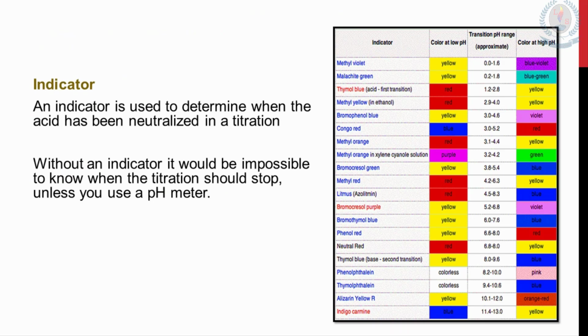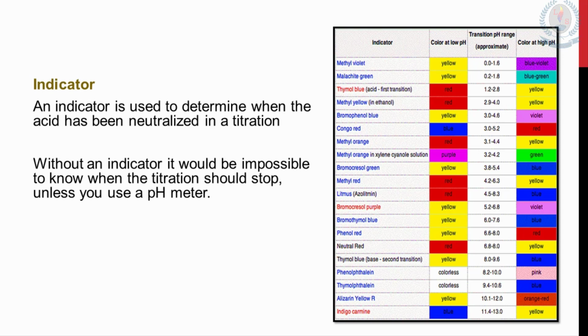Here in this slide I mentioned what an indicator is. An indicator is used to determine when the acid has been neutralized in a titration. Without an indicator, it would be impossible to know when the titration should stop unless you use a pH meter.